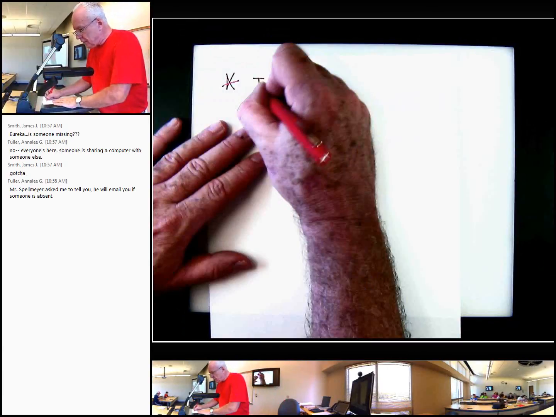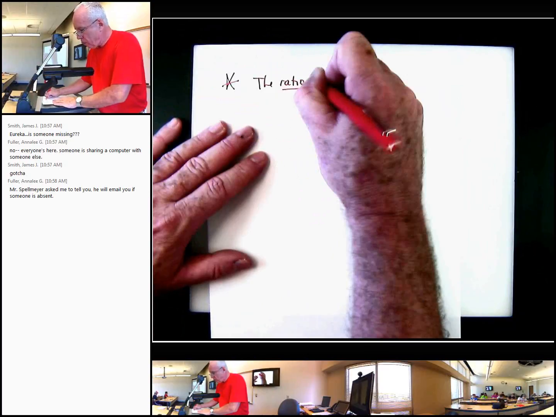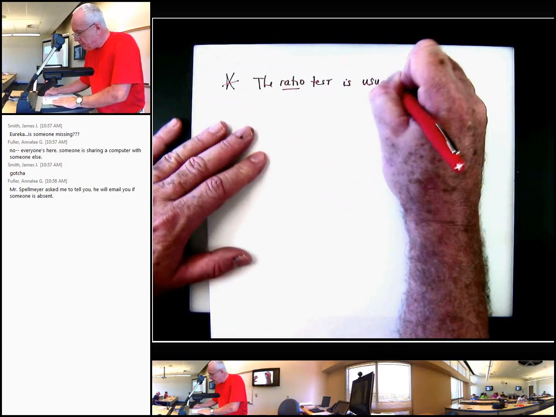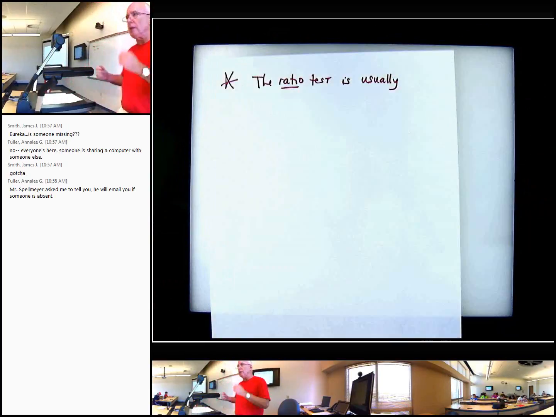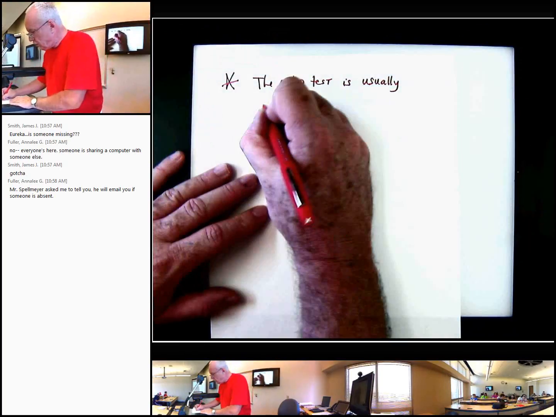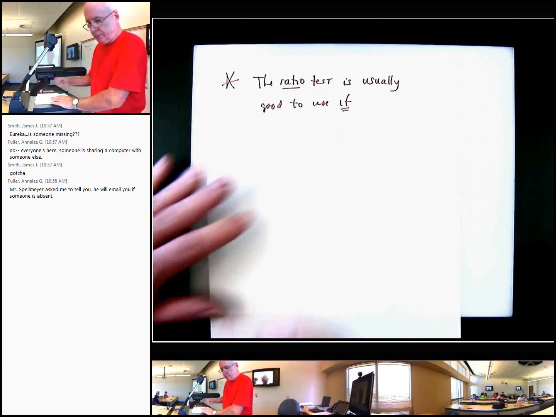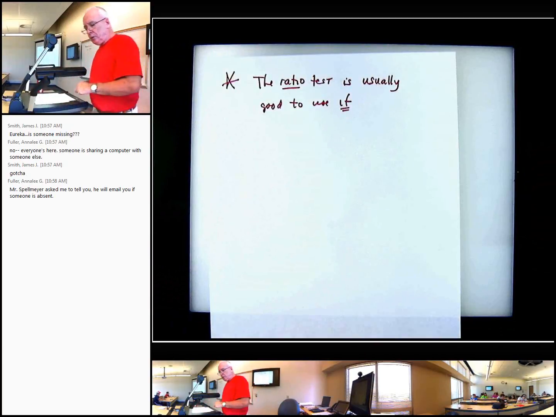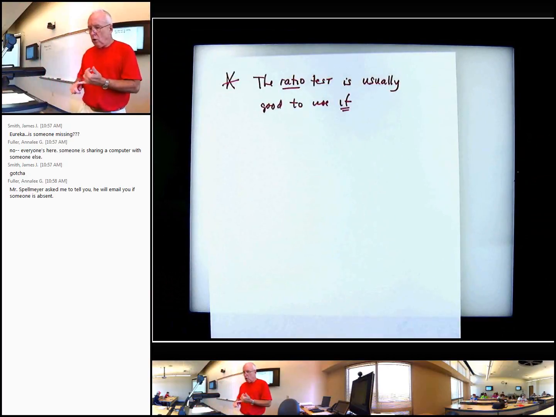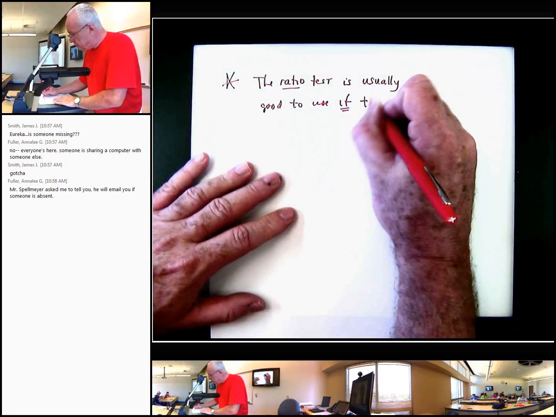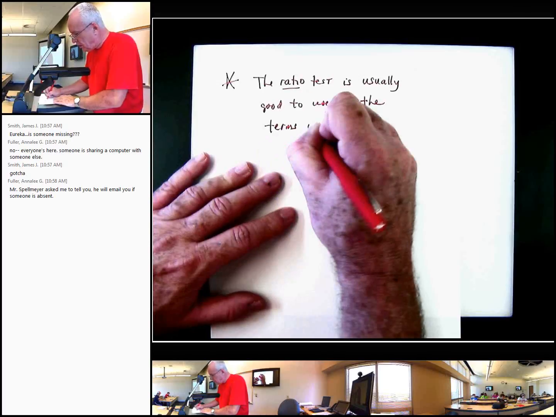The ratio test is usually, I'm not always going to say 100% of the time, but usually good to use if the terms of the series either have factorials in them or a constant number raised to the nth power.